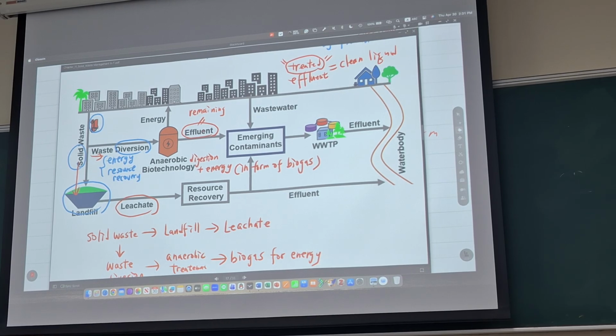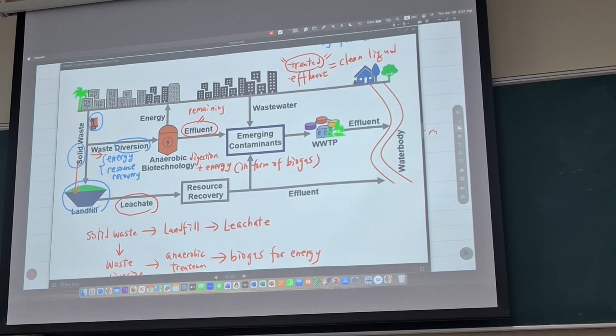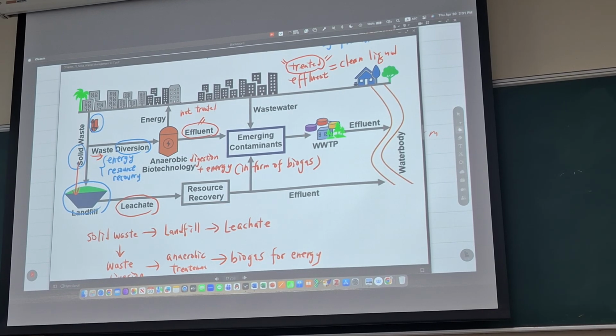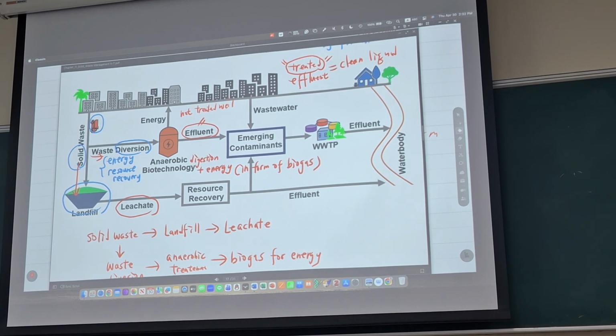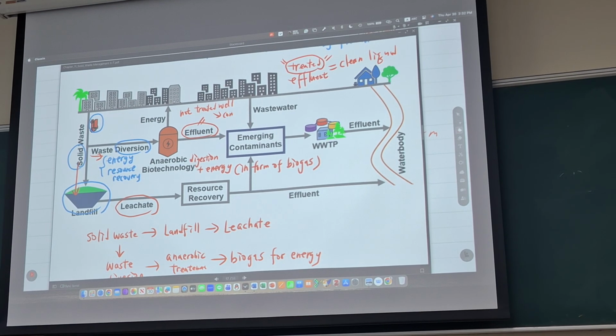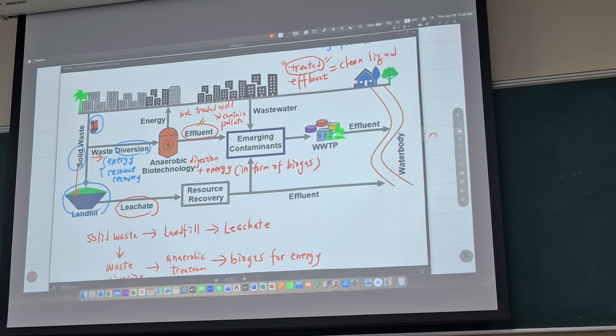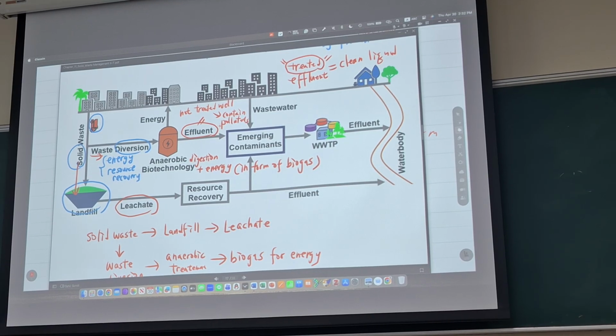But if this one just says effluent, if the effluent is not treated well, it must still carry some pollutants. If not treated well, the effluent still contains some pollutants.